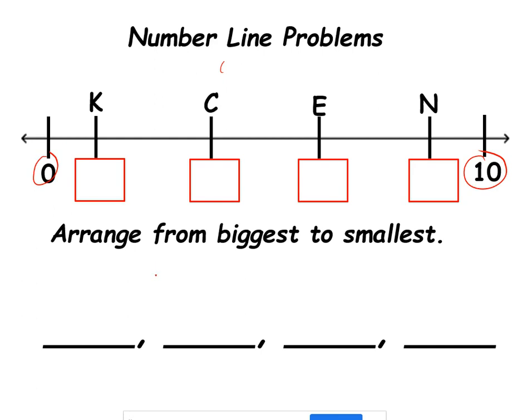Okay, so pause the video and have a think of this. The biggest is the closest to 10, and that's N. And then the next is E, C, and K. Great.